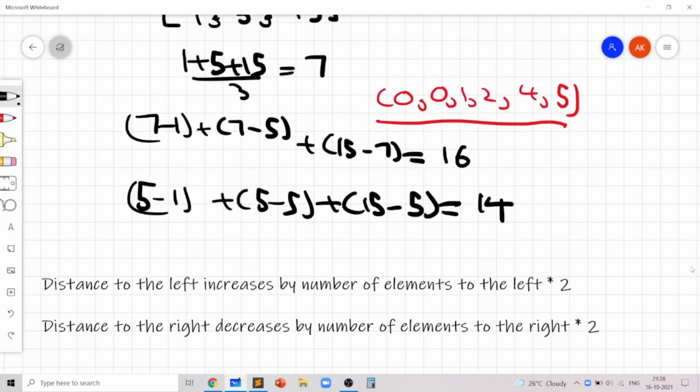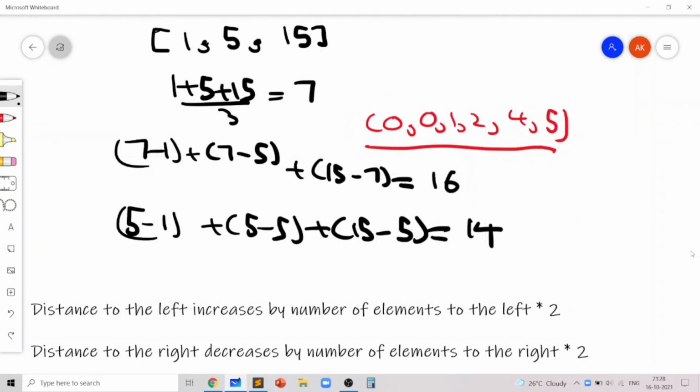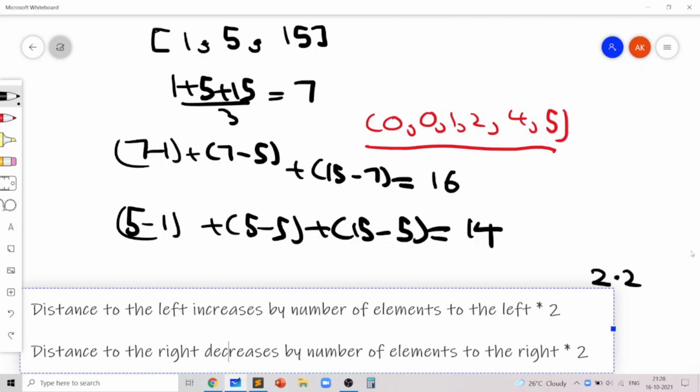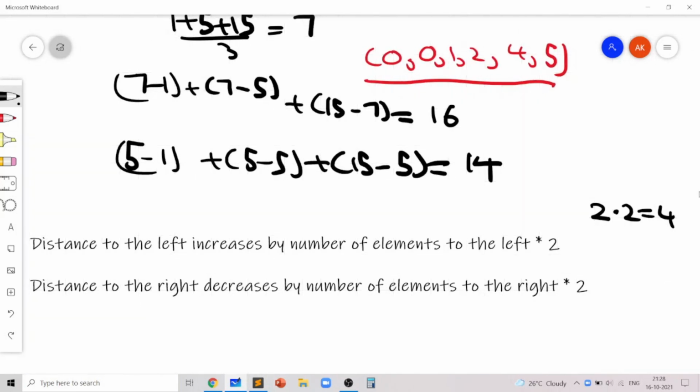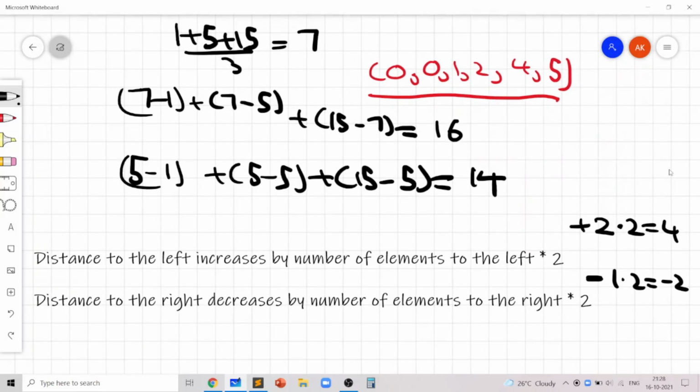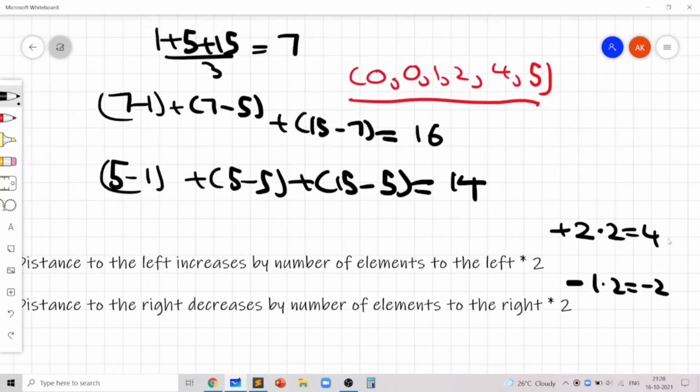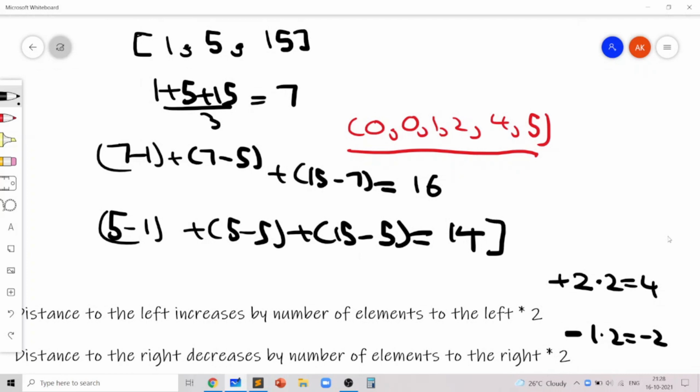So if you take 7, the distance to the left will increase by 2 times 2, which is 4, and the distance to the right will decrease by only 1 times 2, which is minus 2. So a 4 and a minus 2 give a net result of plus 2, and that's exactly why 14 plus 2 is 16. That's exactly why the sum of absolute values is 2 more than in the case of the median.